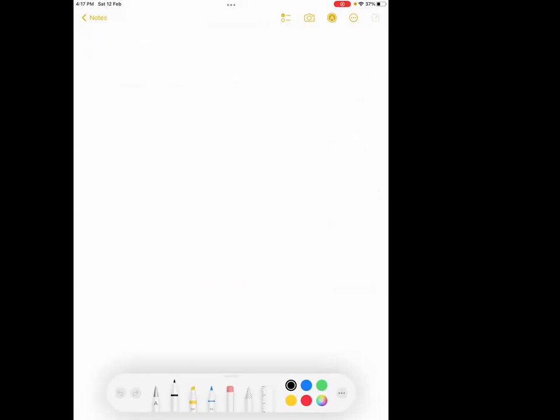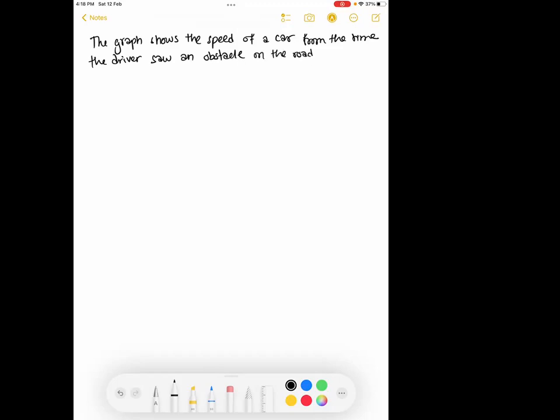So I'm going to draw a graph which shows the speed of a car from the time the driver saw an obstacle on the road and applied the brakes till the car came to a stop.